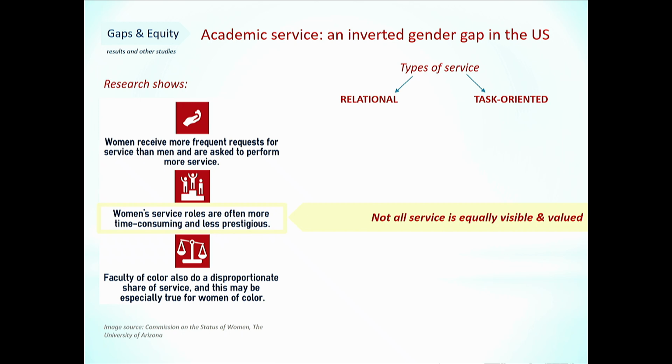So relational service has to do with building connections. Community is quite essential for universities because it helps retain students, recruit students, and keep them healthy within the institutional environment. But it's sort of a bigger scope than task-oriented when we are circumscribed to a particular goal.